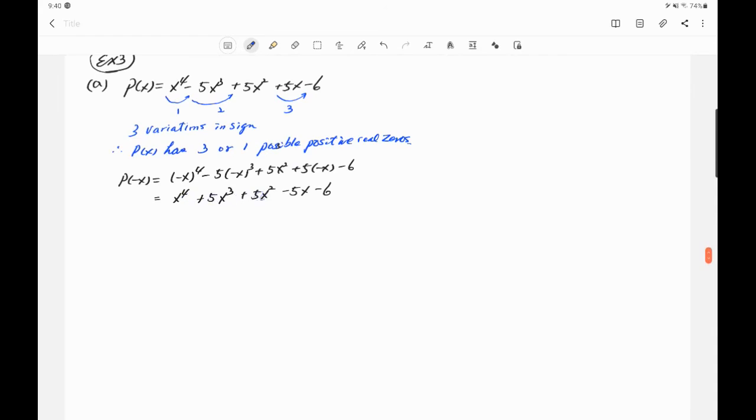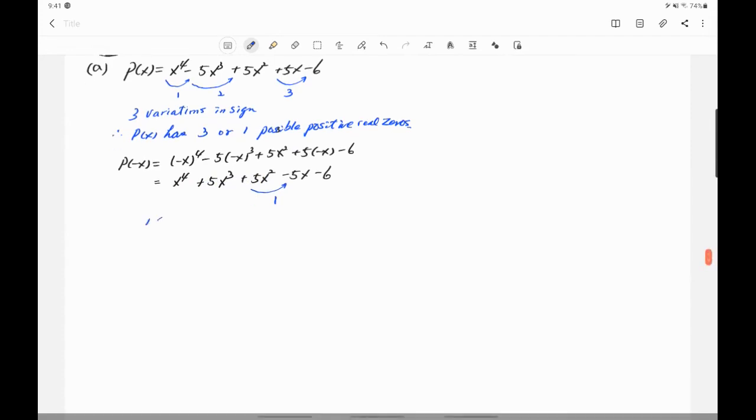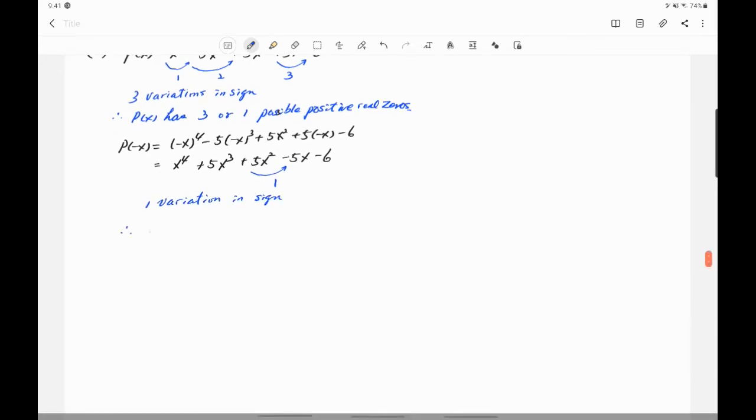So plus, plus, plus, and the plus to minus is 1. That's it. So there's only one variation in sign, right? So P of x has one possible negative real zero.